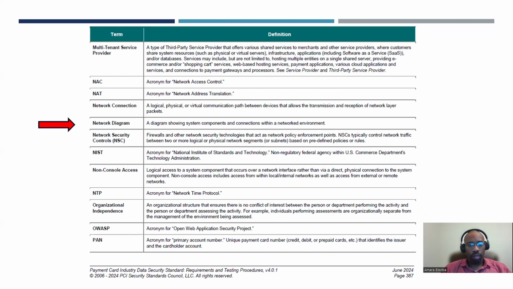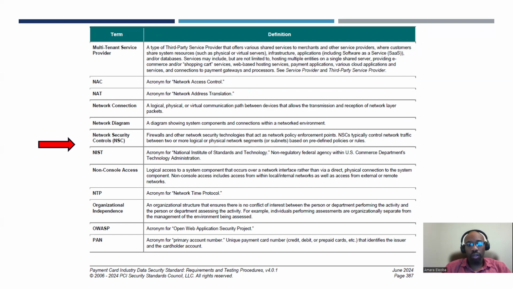Network diagram shows all the system components and the connection between the network, the application, the system. So a network diagram shows the connectivity within the network environment. Now, network security controls is actually a new term that was introduced for 4.0.